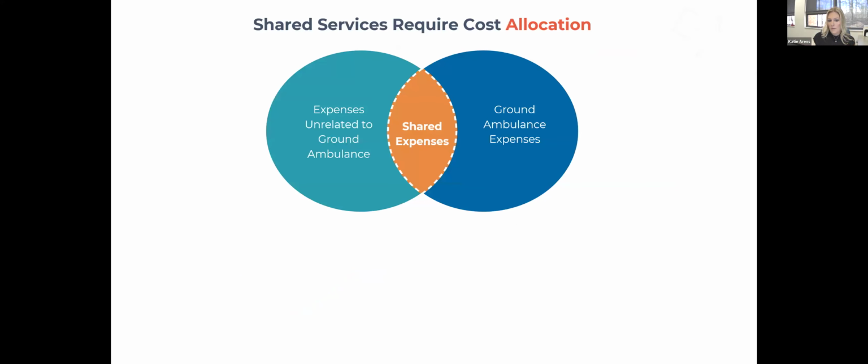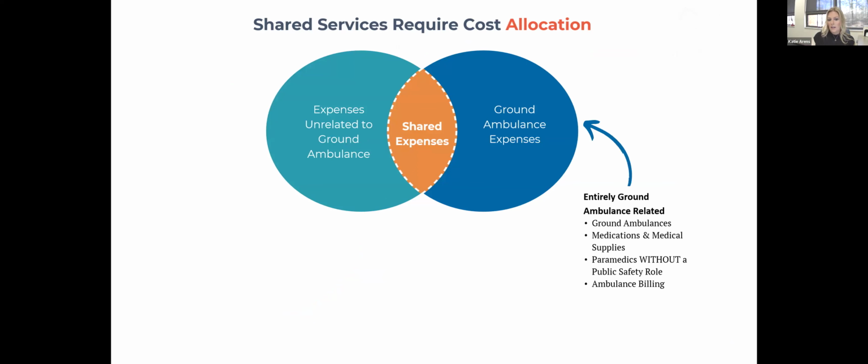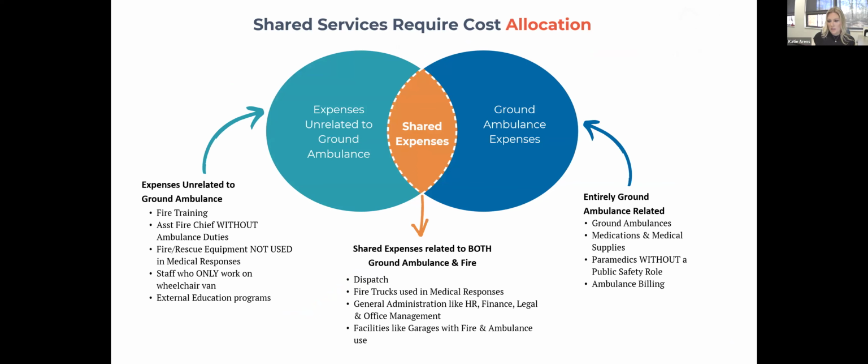Next slide walks us through, if you click through, all of the bubbles here. But how do I know if the expense was actually specific to ground ambulance versus specific to our fire service? Here's an example: expenses unrelated to ground ambulance could include fire specific training, an assistant fire chief who didn't have any ambulance duties during that collection period, and staff who only work on wheelchair vans.